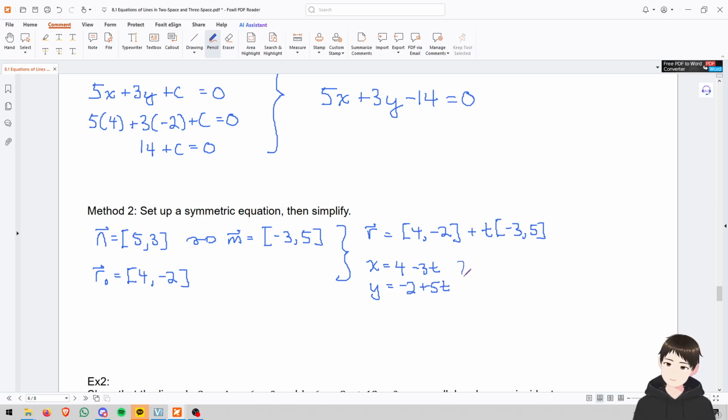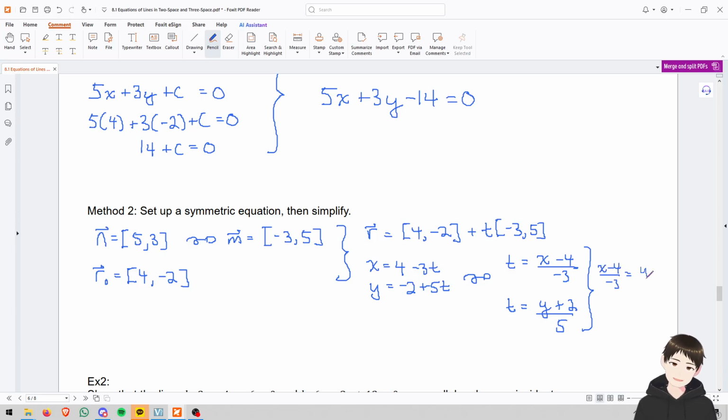If I isolate for t, t would be (x minus 4) over negative 3, and t would be (y plus 2) divided by 5. I will set these equal to each other: (x minus 4) over negative 3 equals (y plus 2) over 5.